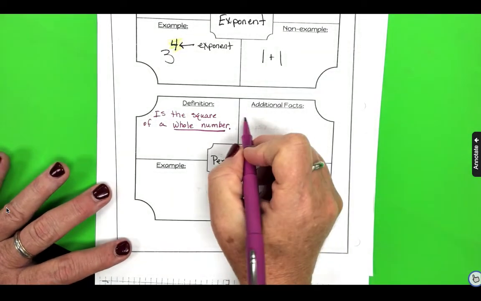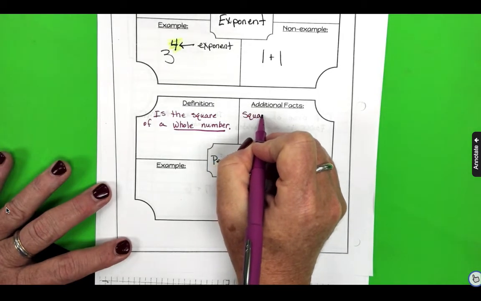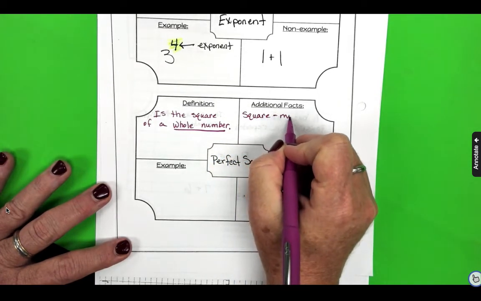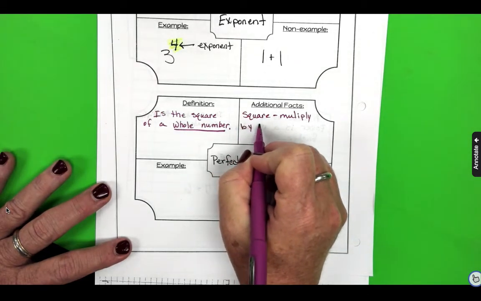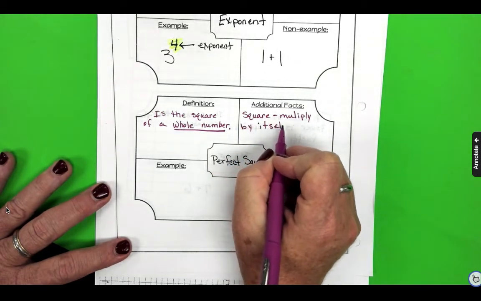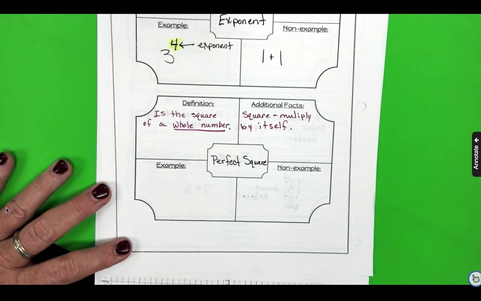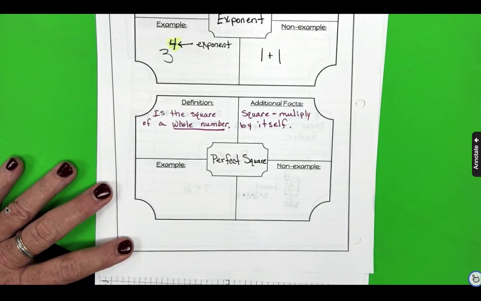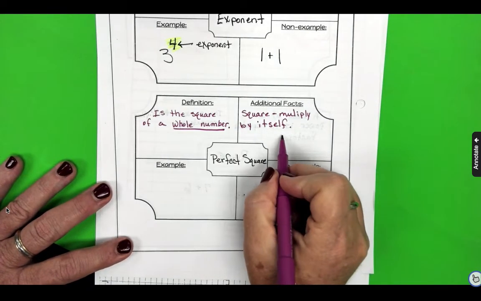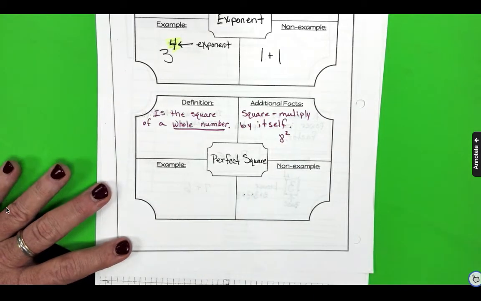To square, multiply by itself. Okay? That's what we're talking about. So if we're talking about a whole number, and if we look at that right there, that's a perfect example, right?